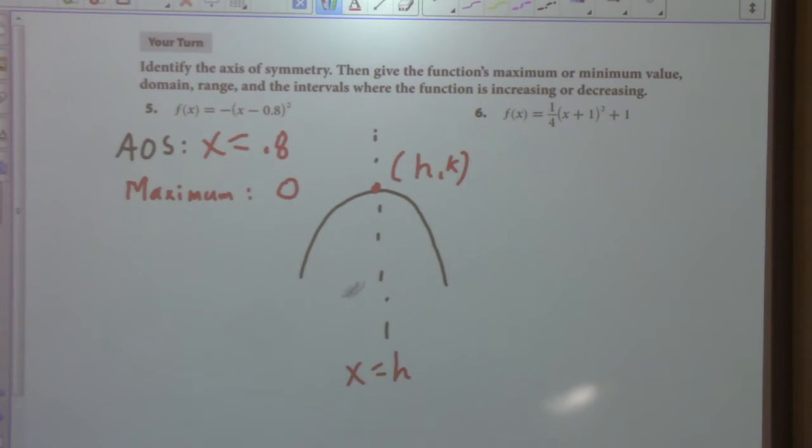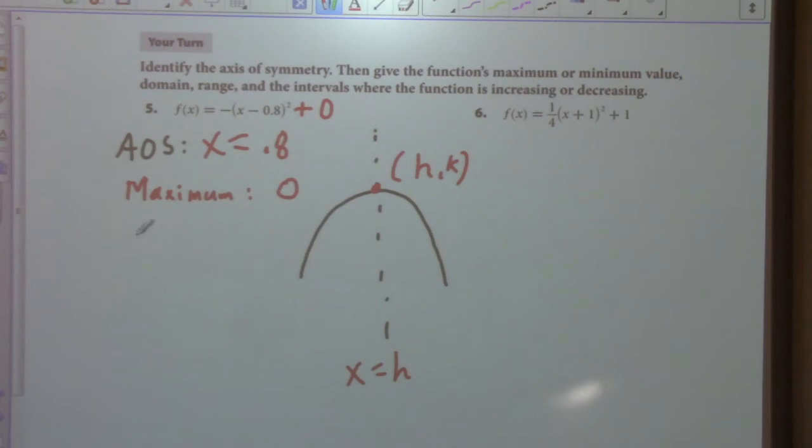Why is Marcus right? It's a negative. Because there is not a k. If it had a k, the k is going to be 0, right? Because the form is plus k. Thank you, Marcus. And that's our maximum value.